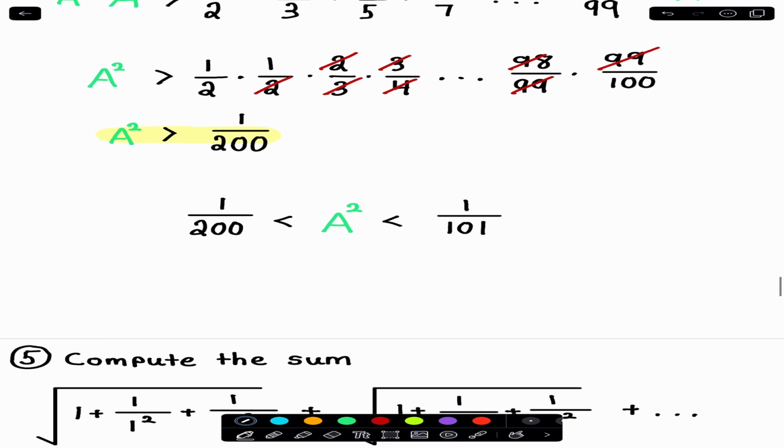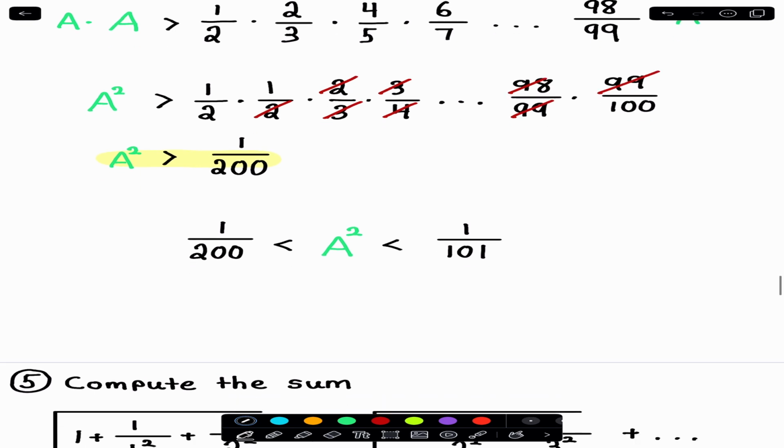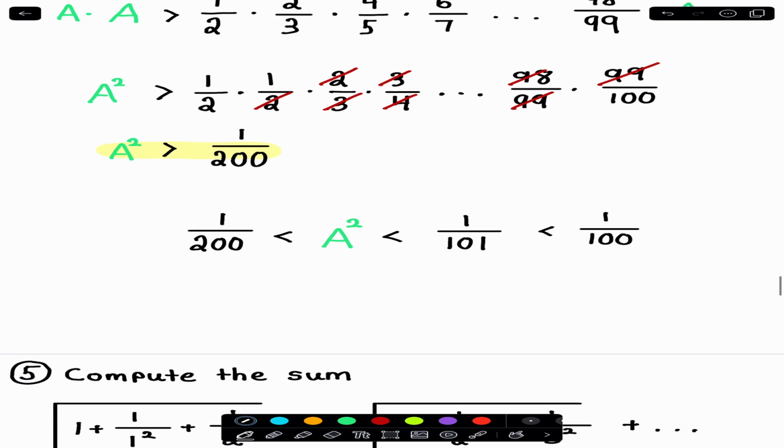Now the thing about 1 over 101 is that it is actually smaller than 1 over 100. And the great thing about 1 over 200 is it happens to be bigger than 1 over 225.